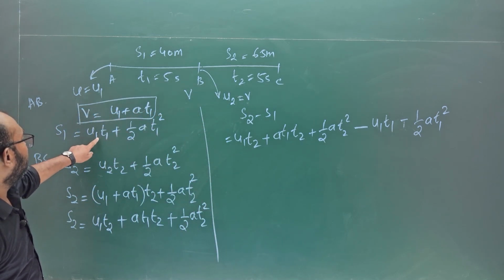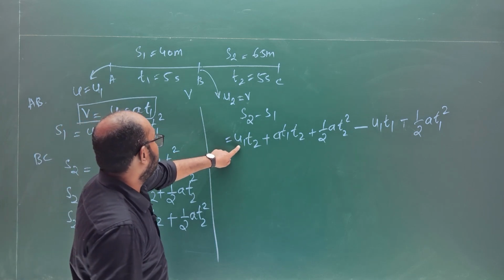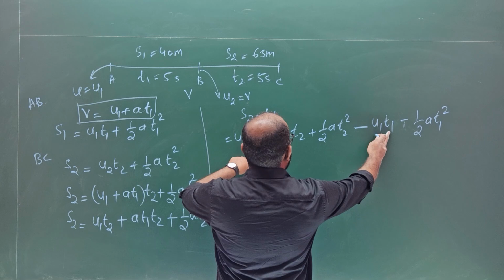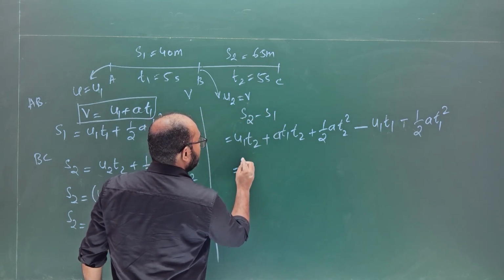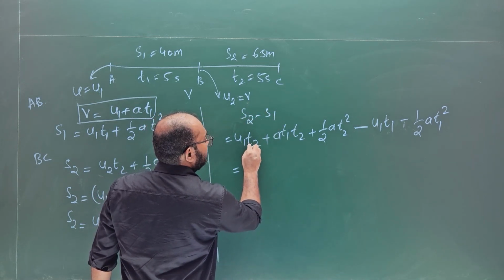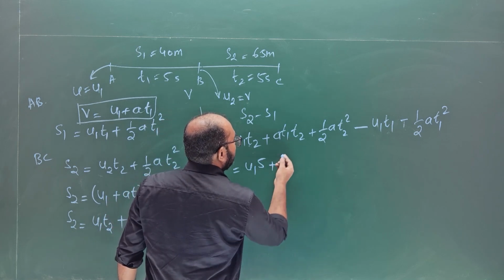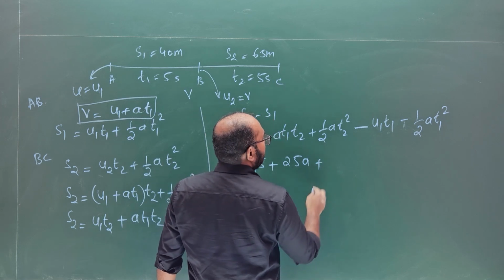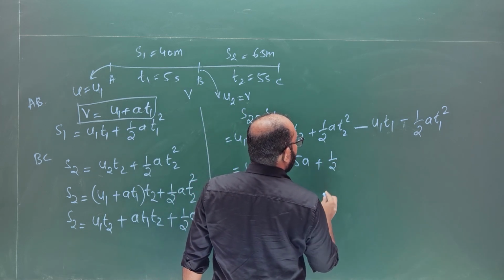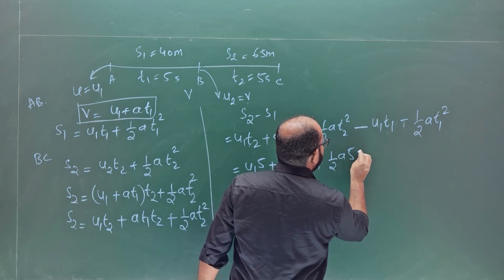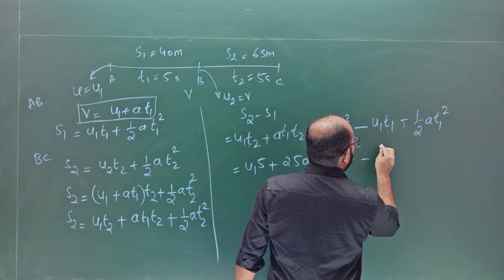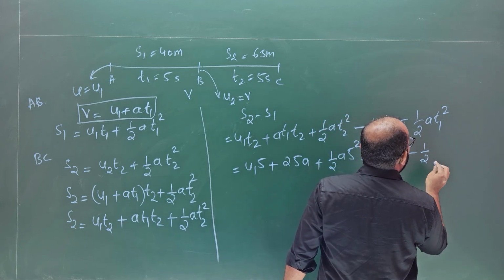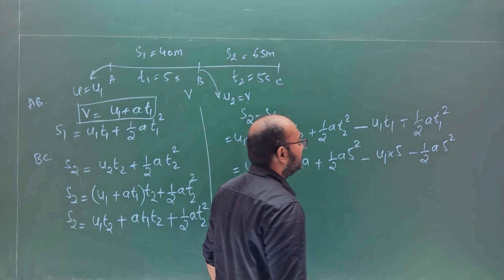Substituting the values, U1 we don't know, T2 is 5, so this becomes U1 into 5, plus acceleration we don't know, so 25A, plus half A into 5 square, minus U1 into 5 minus half of A into 5 square.